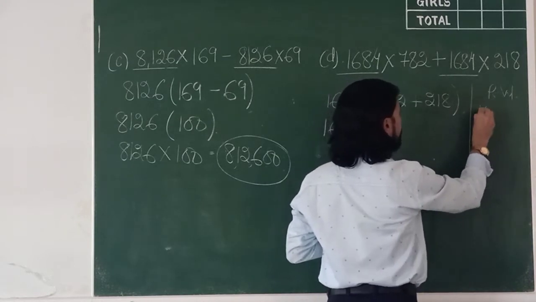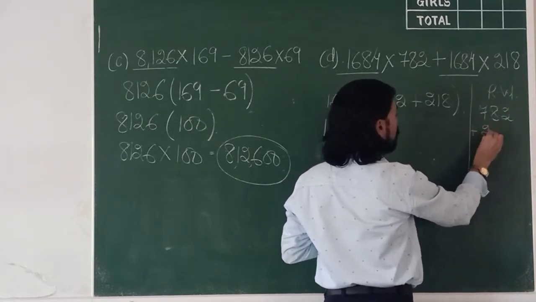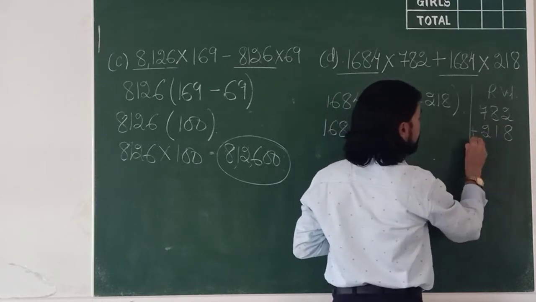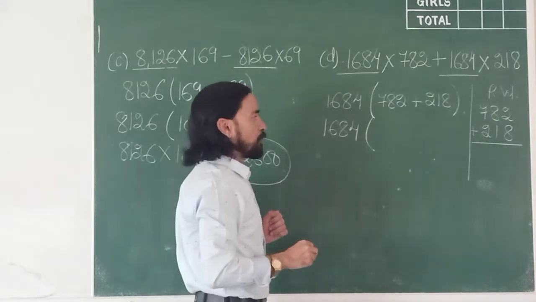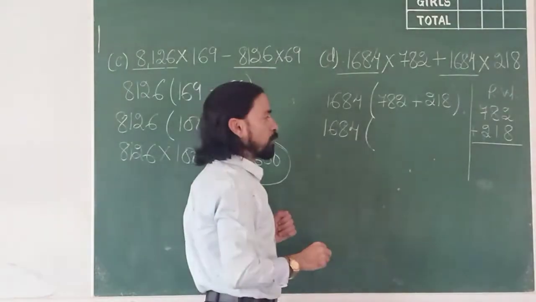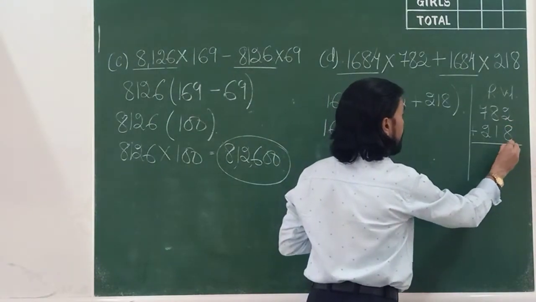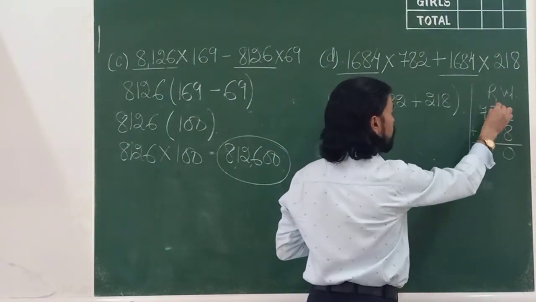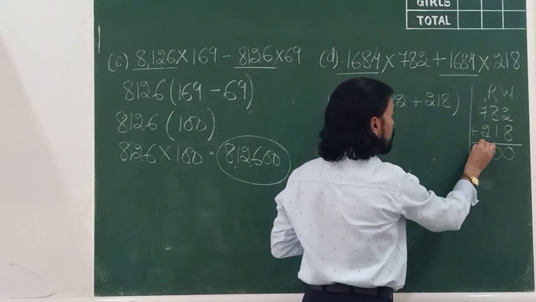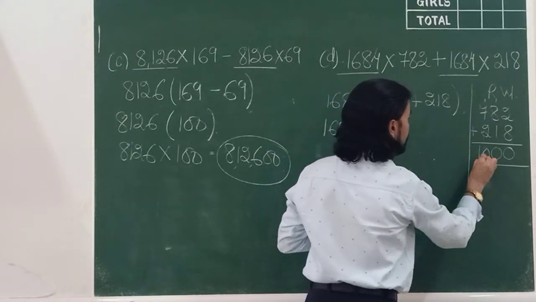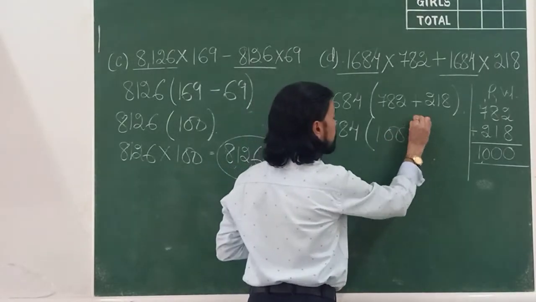So I will get 782 added to 218. And when I add 782 and 218, what do I get? 2 plus 8 is 10. 8 plus 1, 9 and 1, 10 again. And 7 and 1, 8 and 2, 10. My answer is 1000. That 1000 comes here.